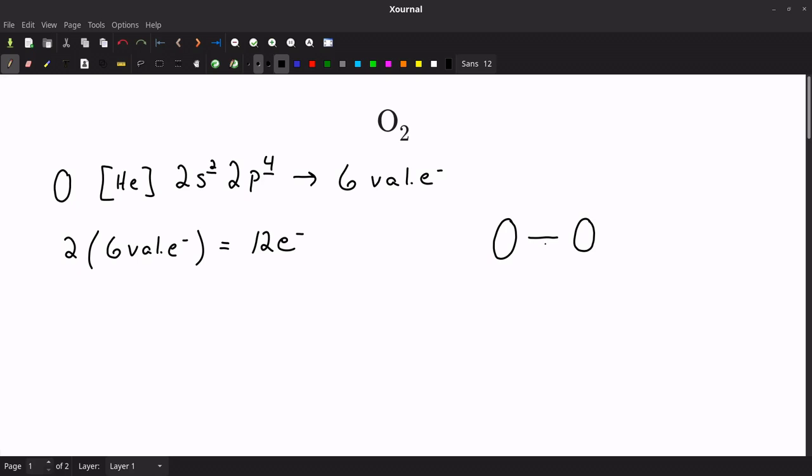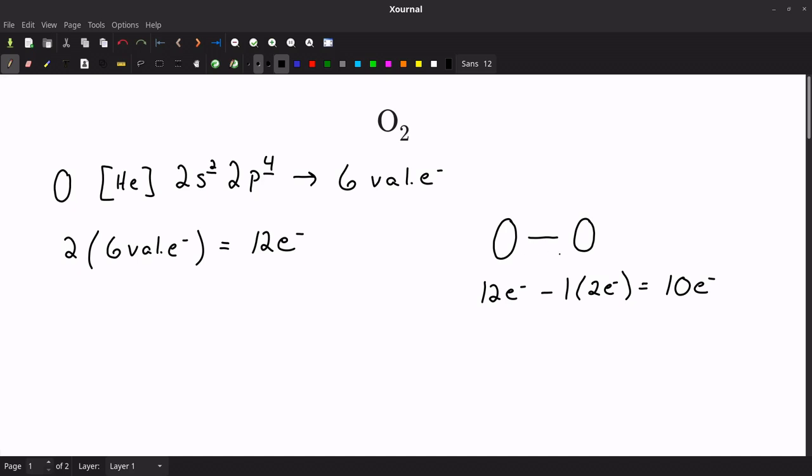I formed a bond in doing that, so I had 12 electrons in the bank minus 1 bond's worth of electrons. Each bond is going to require 2 electrons. I have 10 electrons left in the bank. These 10 electrons are going to need to be placed onto these 2 atoms here.